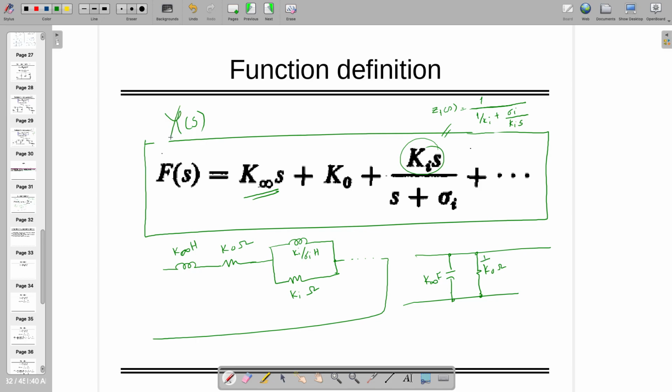This is admittance. And this one will also become admittance. So there are two series combinations: one is resistance and one is capacitor. The resistance entry is 1 by Ki ohm, and this is Ki by sigma I farad, right?